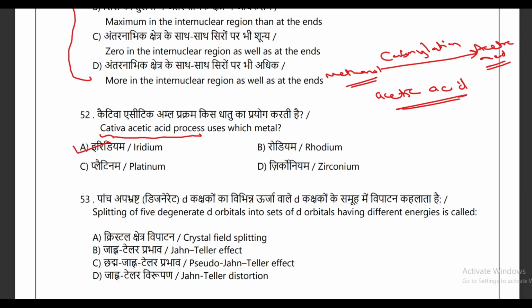And this process is an improvement over the earlier Monsanto process, which used rhodium as the catalyst. So B option is incorrect in this case.